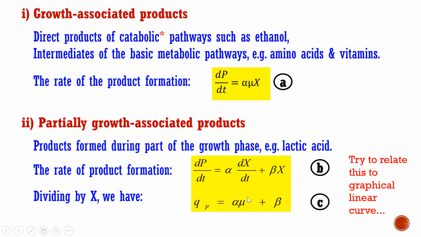Now you have a kinetic parameter. And this one, you just leave as beta. So from this form, the Luedeking-Piret equation for mixed or partially growth associated, you now have a form in terms of specific rates. Why? Because you want something with kinetic parameters instead of intermediate variables.